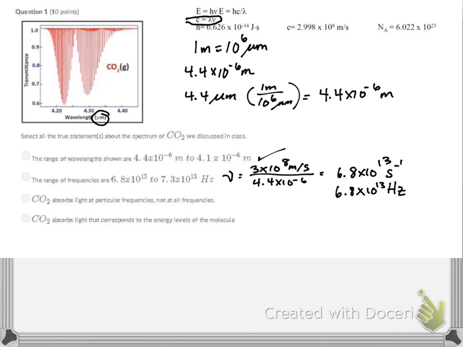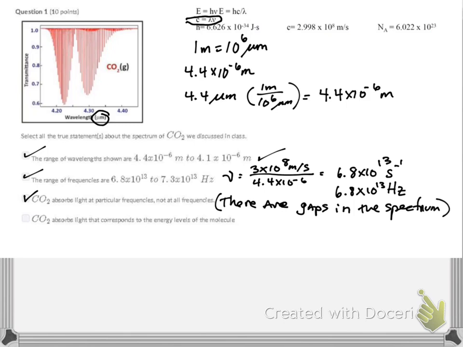So yes, this is the range of frequencies we'd expect for these wavelengths. It's true, CO2 absorbs light at particular frequencies and not all frequencies. That's true because there are gaps in the spectrum. At some very particular frequencies, CO2 absorbs, then you move the frequency a little bit and there's no absorption.